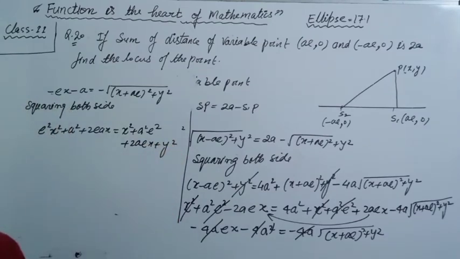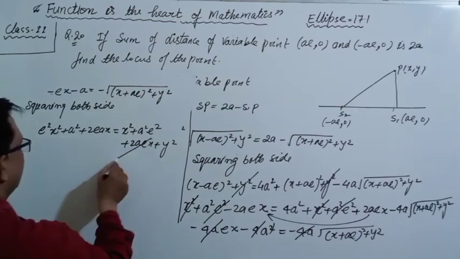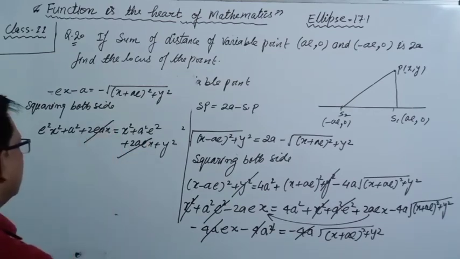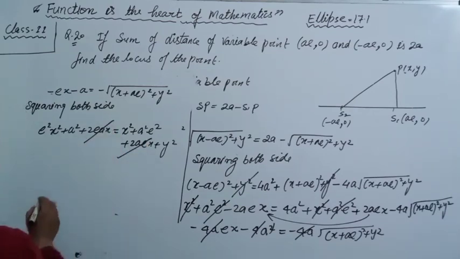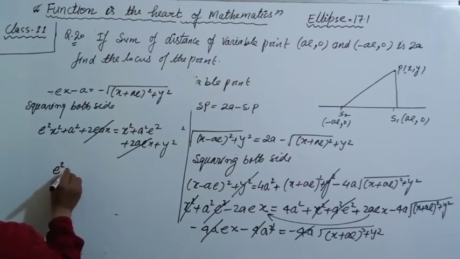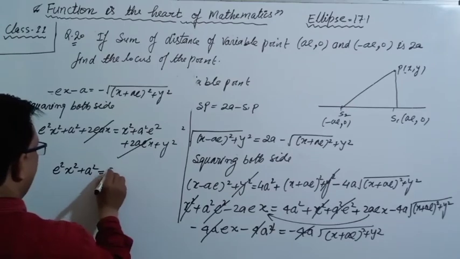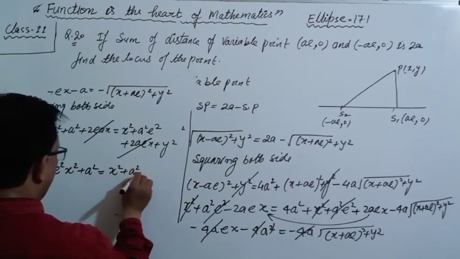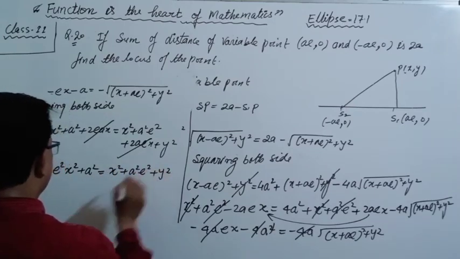So something is cancelled? Yes, this cancels out. Now we have e square x square plus a square is equal to x square plus a square e square plus y square.